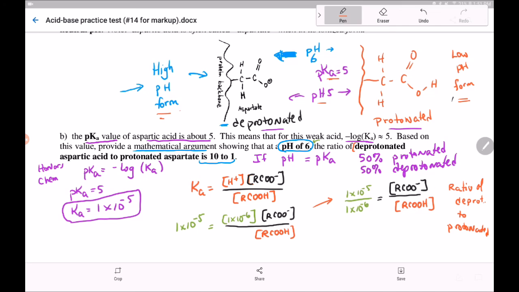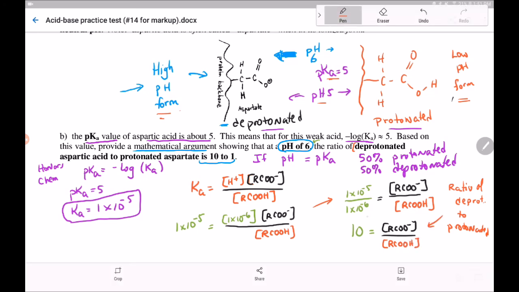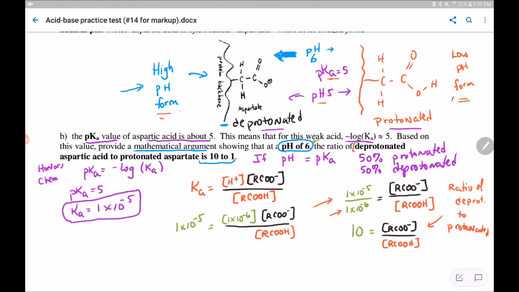The left side is the 10 to 1. If you actually do the division, 1 times 10 to the minus 5 divided by 1 times 10 to the minus 6 is in fact 10. So I have proved with my colorful algebra exactly that which I was trying to prove, that the ratio of the deprotonated to the protonated, if pH is 6, is 10.